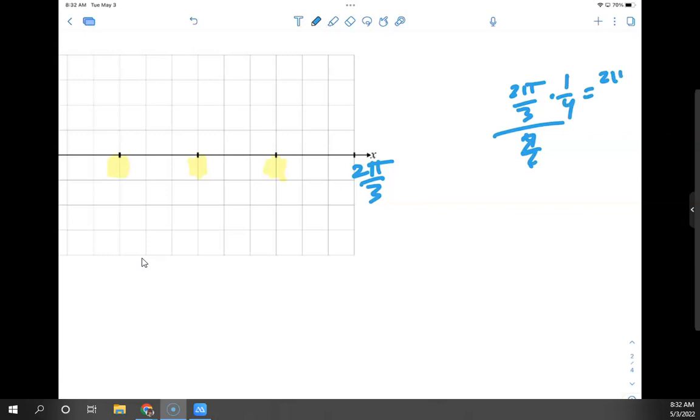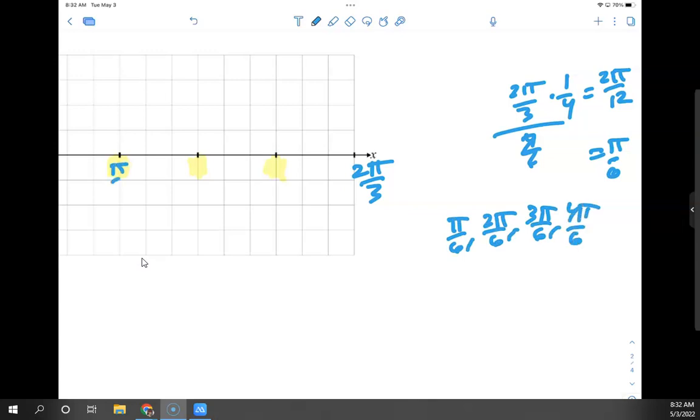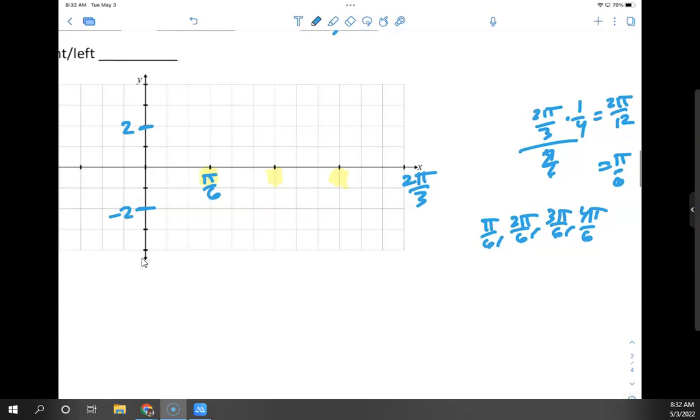So that gives me 2 pi over 12, which I reduce as pi over 6. So my numbers are going to be 1 pi over 6, 2 pi over 6, 3 pi over 6, 4 pi over 6, and I just reduce them as I go. So that'll be pi over 6. 2 pi over 6 is pi over 3. 3 pi over 6 is pi over 2. And then 2 pi over 3.